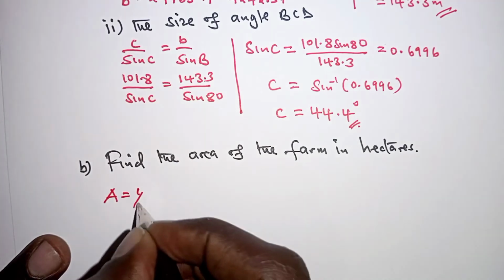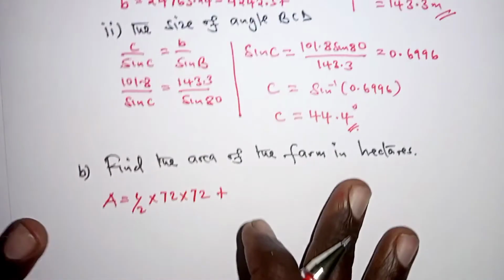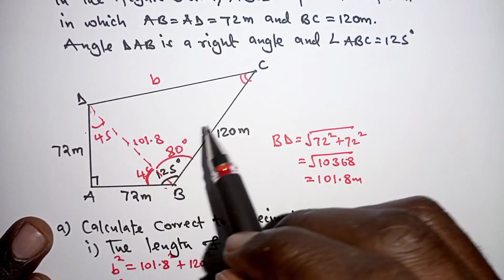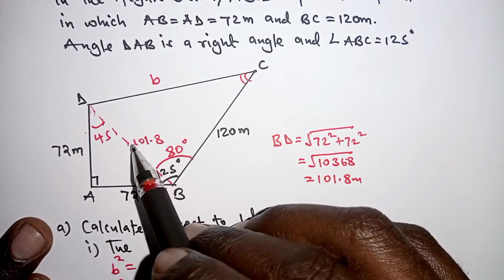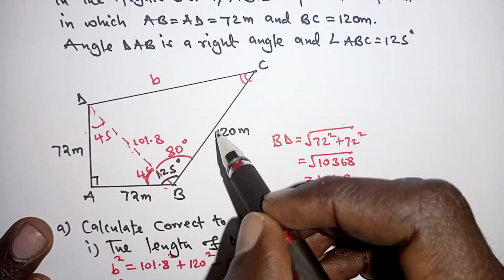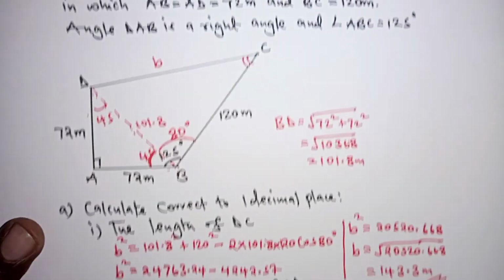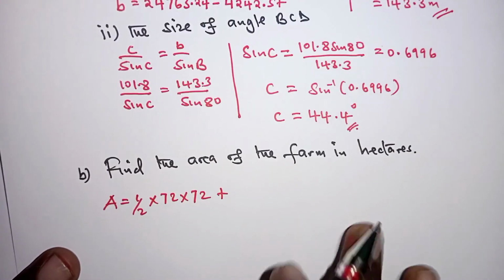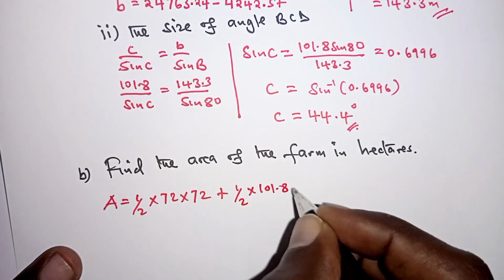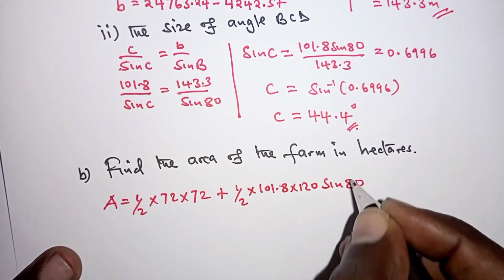So we have the area being a half times 72 times 72, and then we'll add that to the area of the other triangle, triangle BCD, which is a half AB. Let's consider these two sides, a half the product of these two sides times sine of the included angle. So that is a half times 101.8 times 120 sine of 80 degrees.